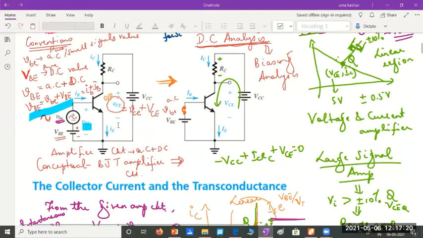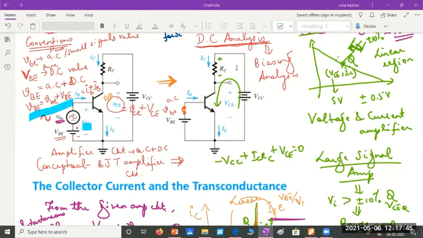Therefore, if I want to separate out for DC analysis, I have to short circuit any AC signals. So this small VBE is the AC signal. We have shorted that, and the rest we have written where only DC sources are kept in the circuit. And this circuit we use to analyze for DC operation.